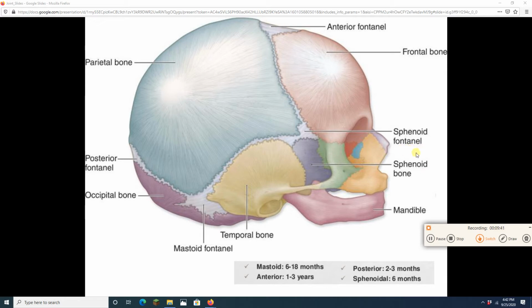Someone thought they were like little fountains because you could see and feel the pulse there. So there are a bunch of them. Some of the major ones are listed down here, and you can see a couple of them close in a matter of months, but then some of them take up to 3 years to actually get those bones together. So, pretty amazing. All right, let's keep going.